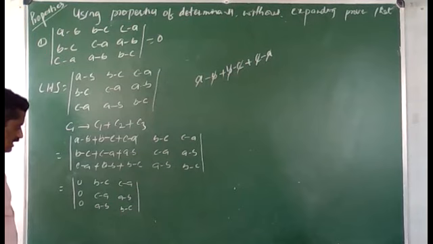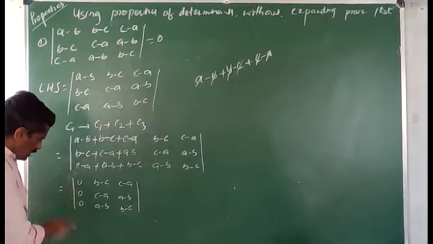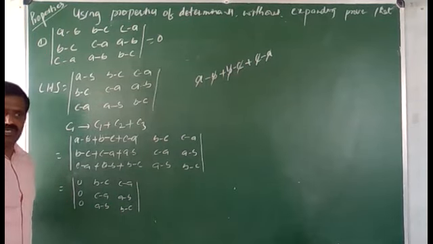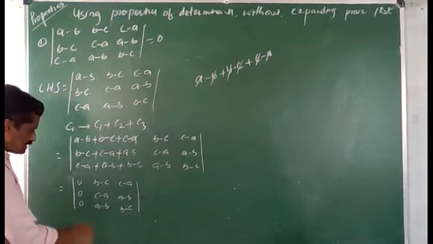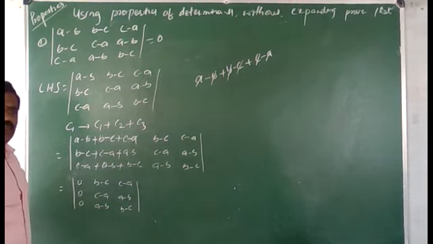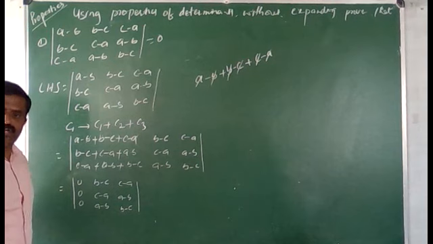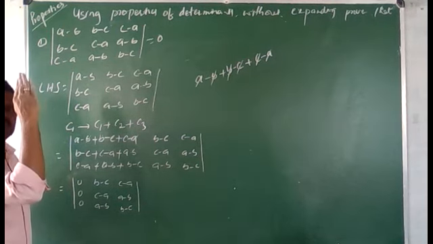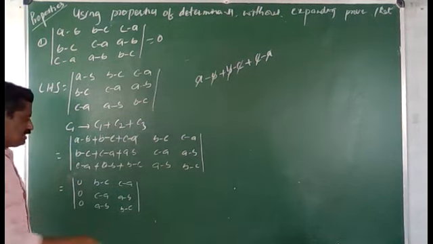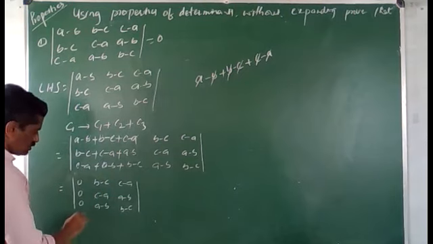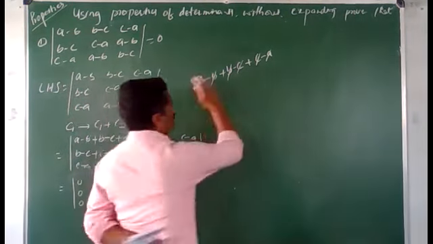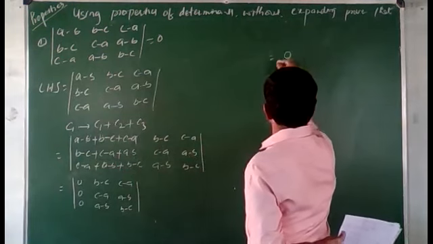Okay. See here, the first column has 0 elements. Therefore, what is the value? You know one property: if all the elements of a column are 0, then the value of the determinant is equal to what? 0. That is equals to 0, is equals to RHS.